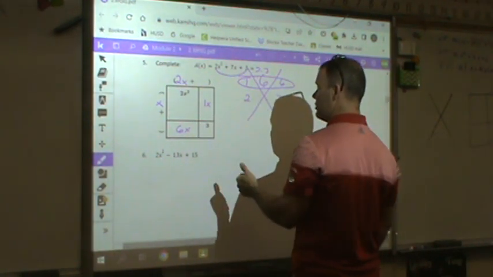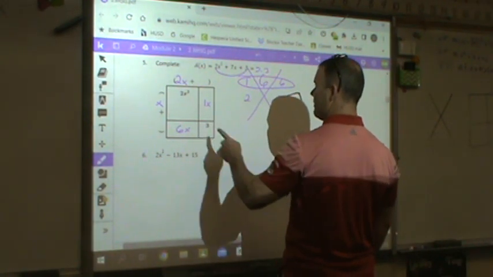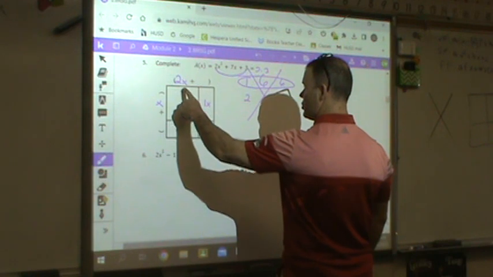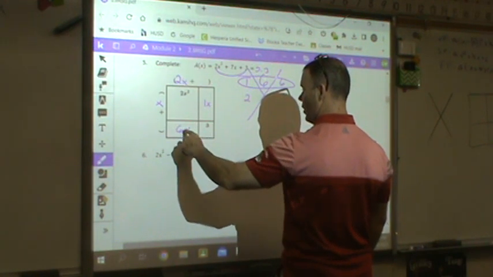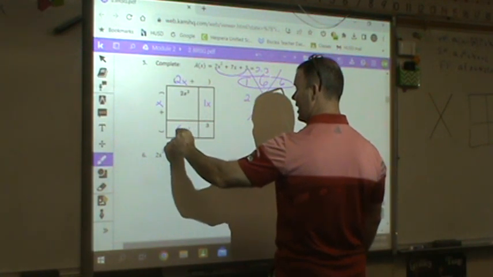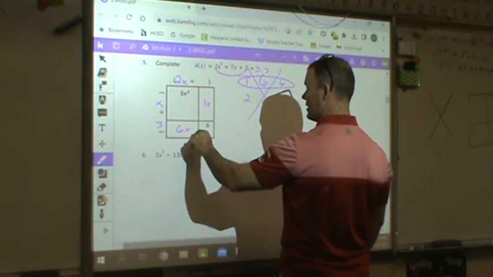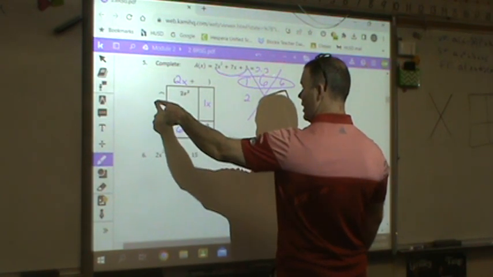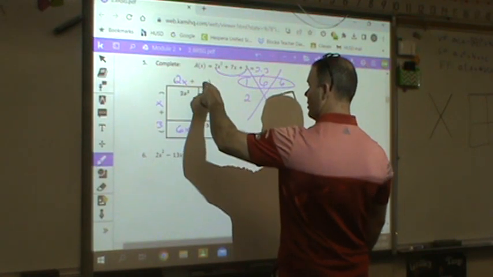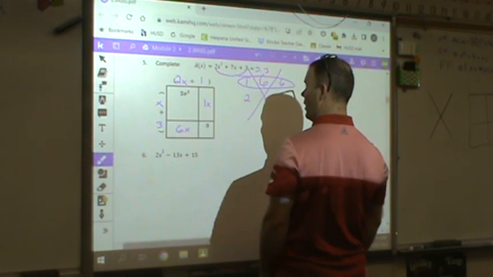Here's where you got to do some thinking. Okay? Well, 2 times what gives me 6? 2 times 3. Because when I multiply these, I got to get a 6x. x times what gives me 1x? x times 1.